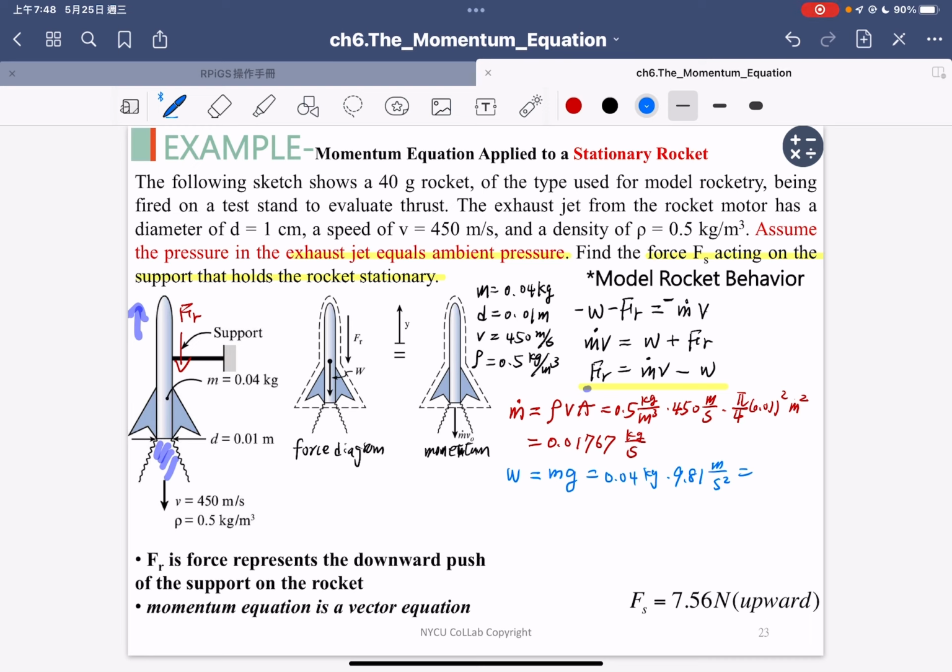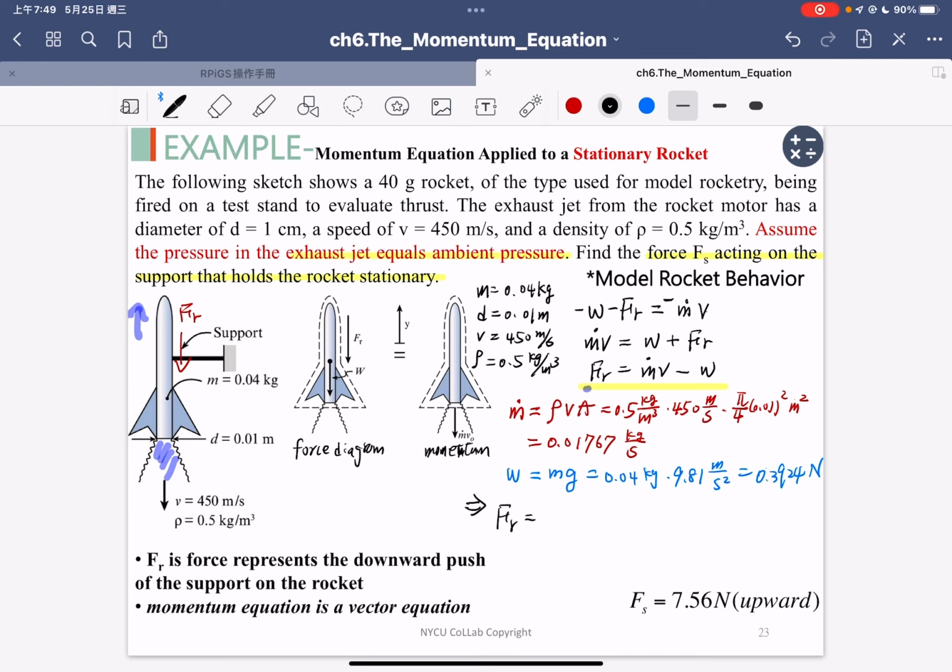You can use your calculator to calculate the weight. It is equal to 0.3924 Newton. Okay, so we have the mass rate and the weight, so we can go back to the formula.